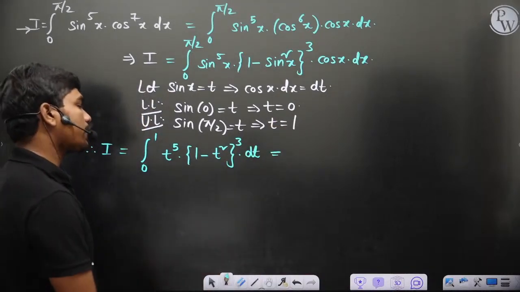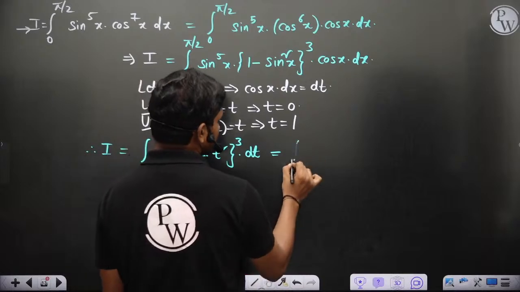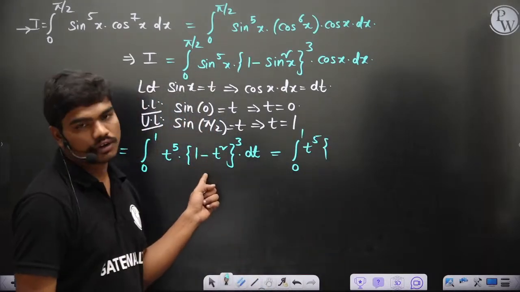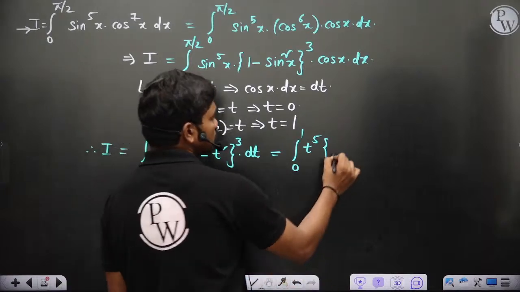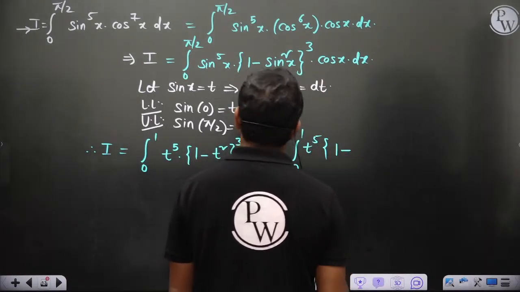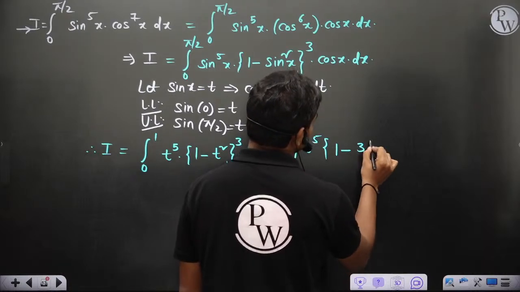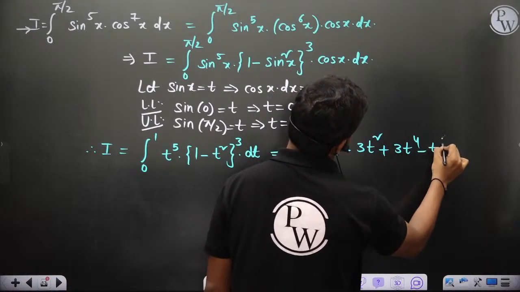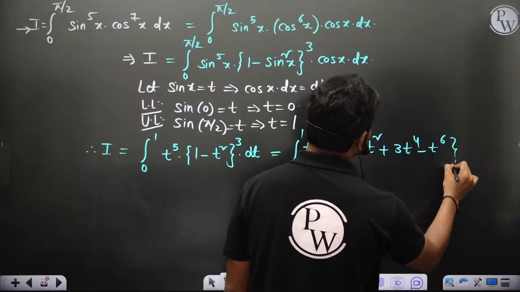If you solve this, integral 0 to 1 t^5 times, if you expand this, normally (a minus b)^3 you can expand as a^3 minus 3a^2 b plus 3ab^2 minus b^3, dt.